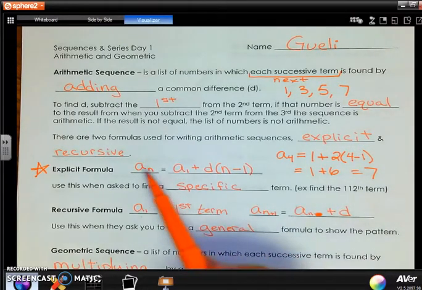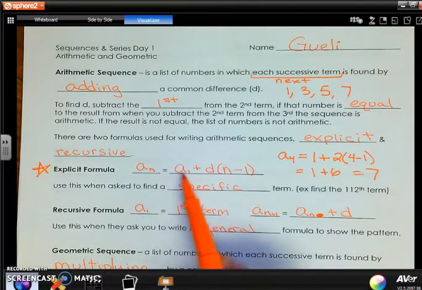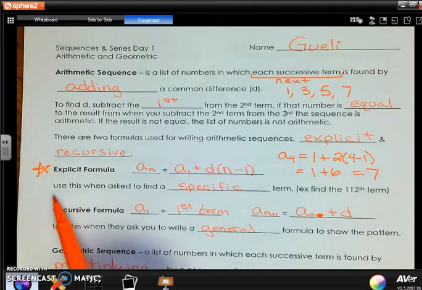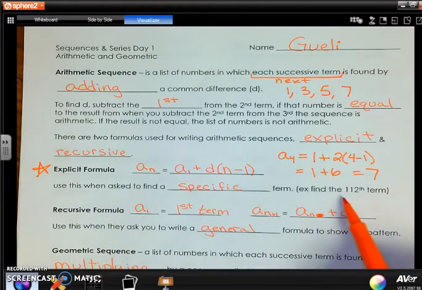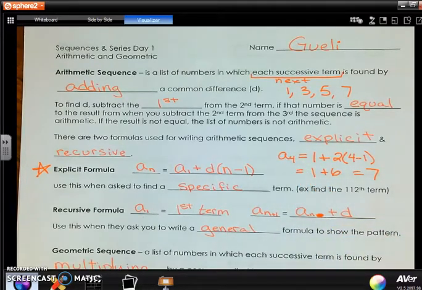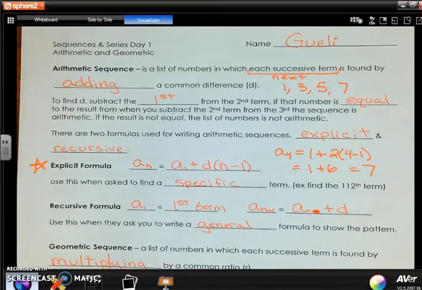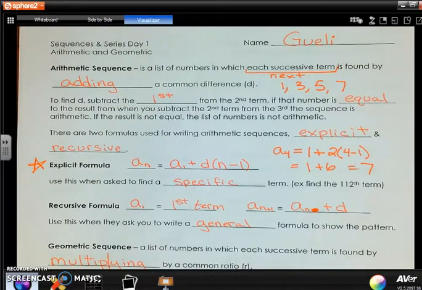It would be much easier just to plug in a 200 here, a 2 there, and a 1 there to figure out what your 200th term would be. So your notes here say use this when you're asked to find a specific term. So if they ask you to find the 112th term, here I found the fourth term, but the larger the term number, the more useful that formula is, because otherwise you'd just be able to use the list of numbers.